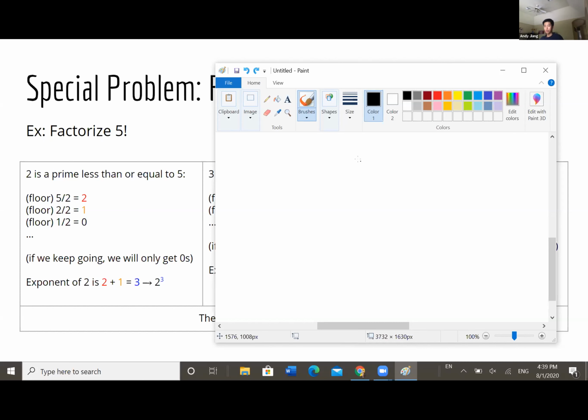I'll go back to the other slides. So to get the exponent of 2, what I'm doing is looking at the numbers from 5 through 1, and seeing how many of these numbers have a factor of 2. So my first question is, how many of these numbers are divisible by 2?